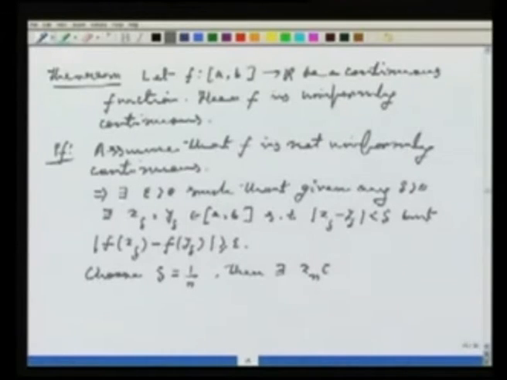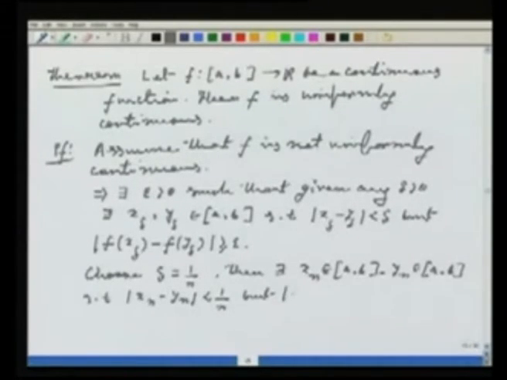Then there exist xn in [a, b] and yn in [a, b] such that mod of xn minus yn is less than 1 by n, but mod of f of xn minus f of yn is bigger than or equal to epsilon.